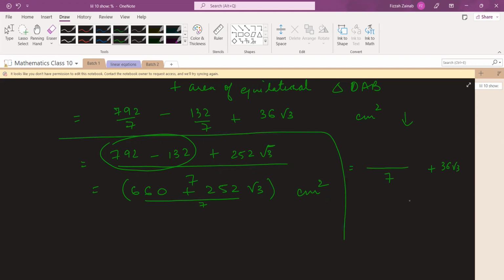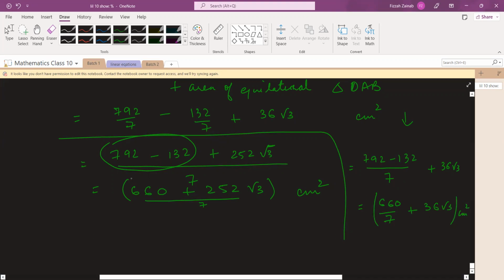So it will be simply 792 minus 132, which is 660 divided by 7, plus 36 under root 3. This way also you can leave it. Earlier I took the complete LCM; here I have taken the LCM of only the first two terms, because the denominator was the same, so I just added them together. Both are correct.